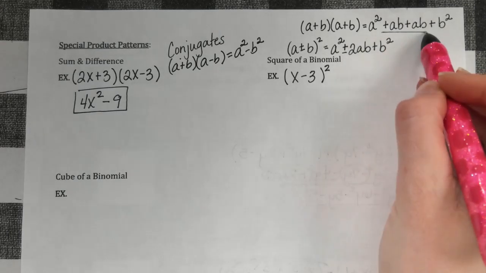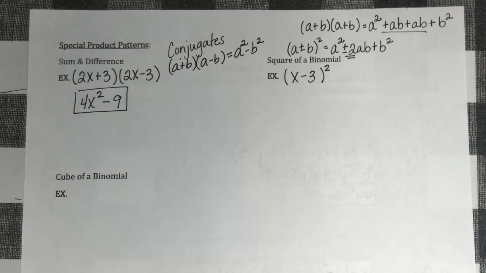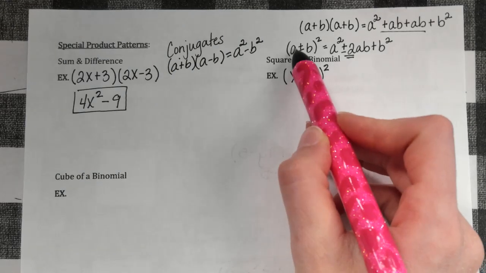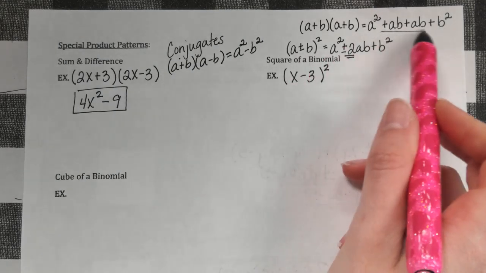Those two ab's is where the 2 comes from in the formula, because you are writing the same thing twice typically, and FOILing you will have the same 2 middle terms, so we just multiply the 2 terms together and double it because of this right here.